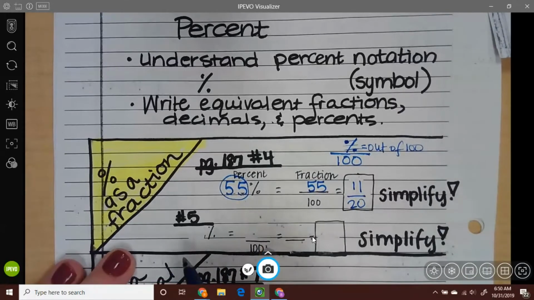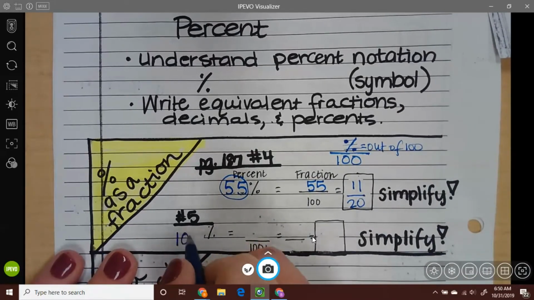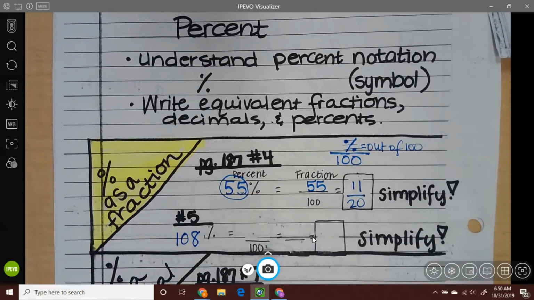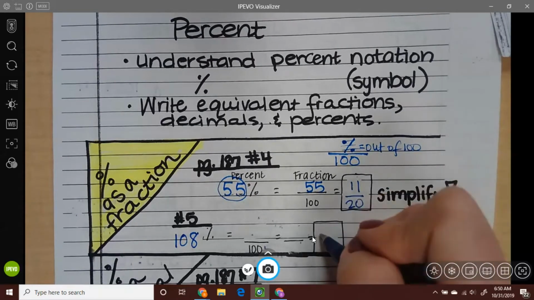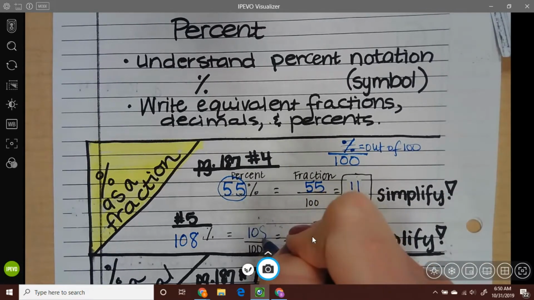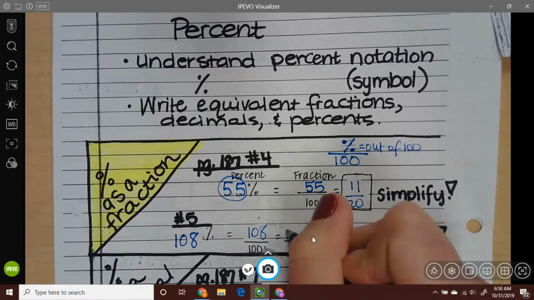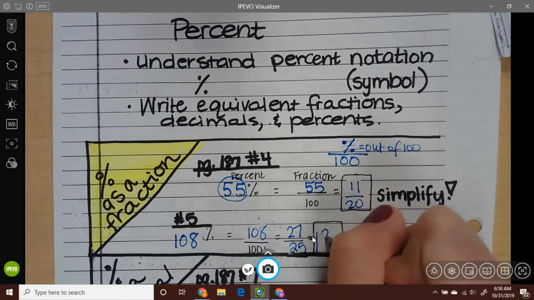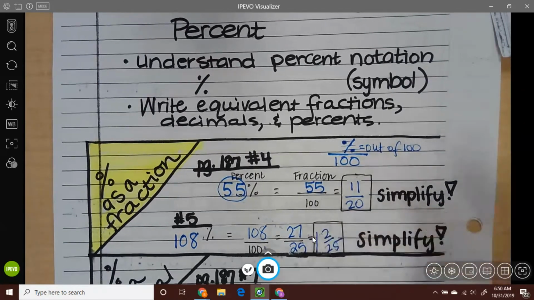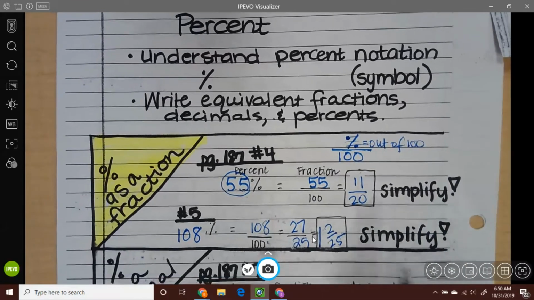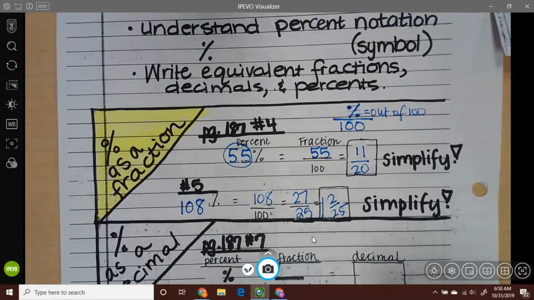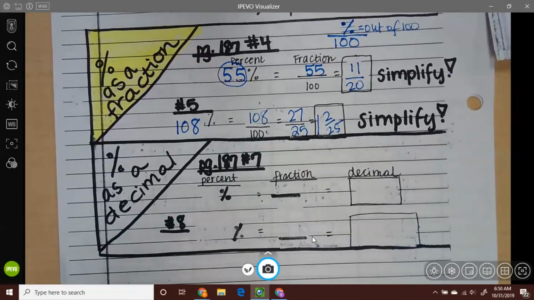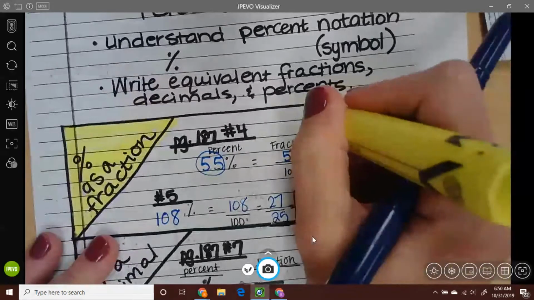You get 108%. So that's 108 over 100. It's an improper fraction, so you need to simplify. And I have 1 and 2 25ths. So it's improper, and I would need to change it into a proper fraction. So the step is simply to put the percent out of 100.